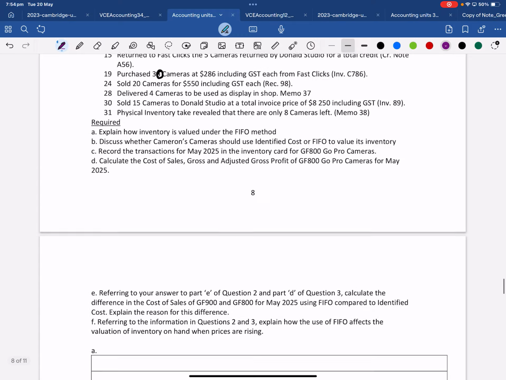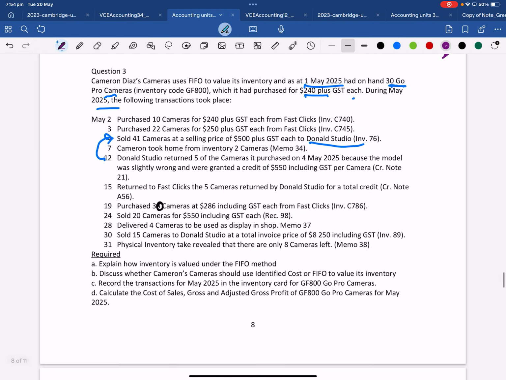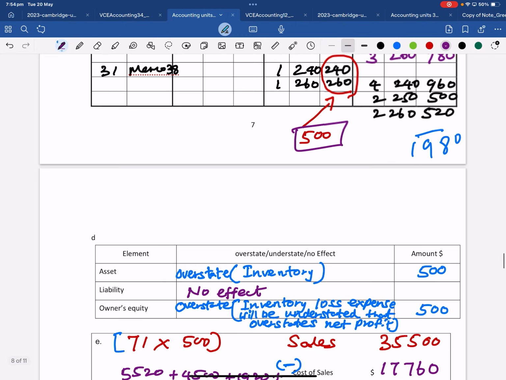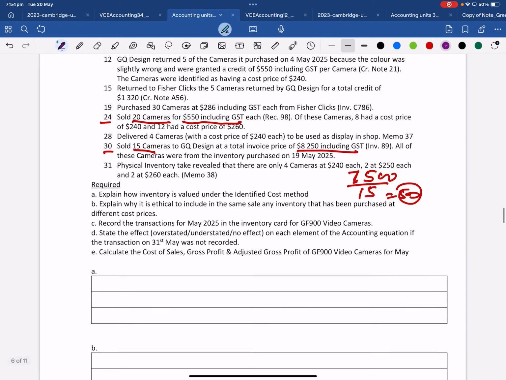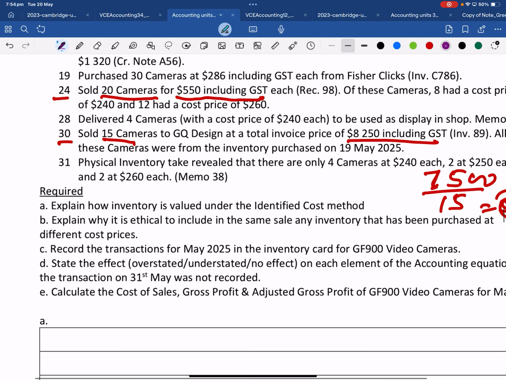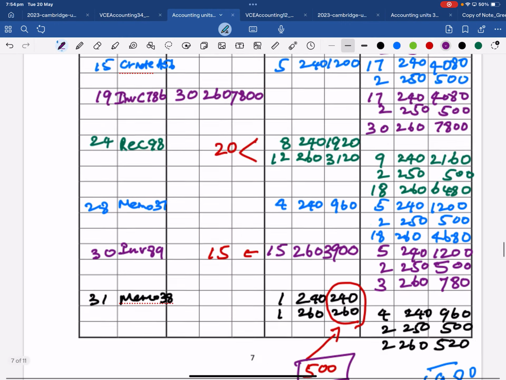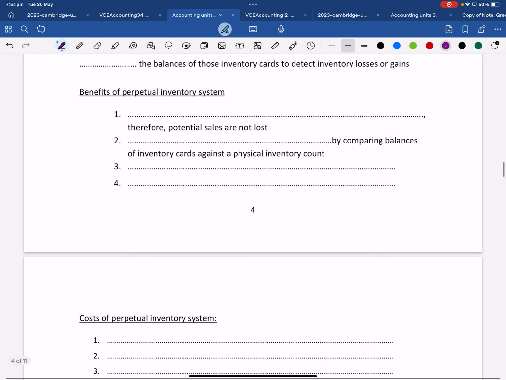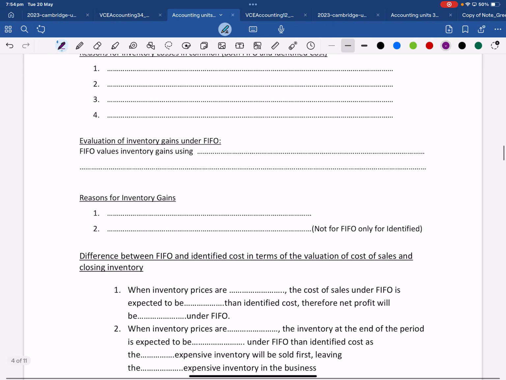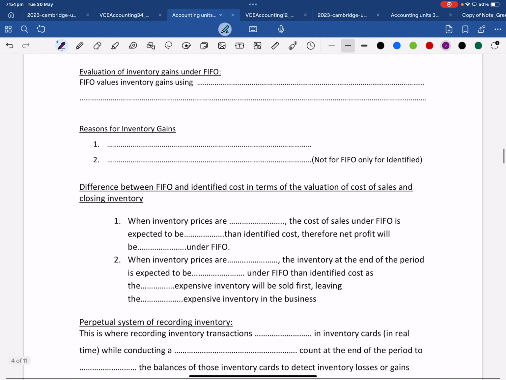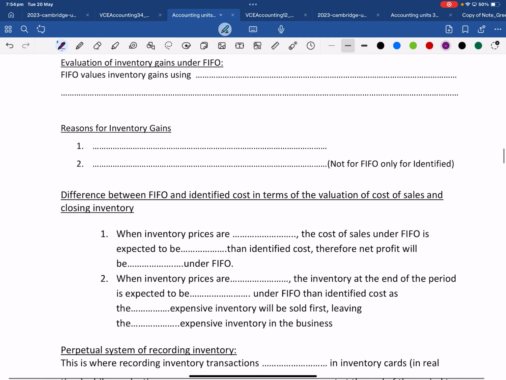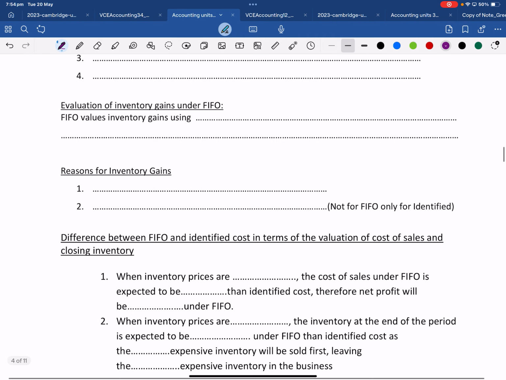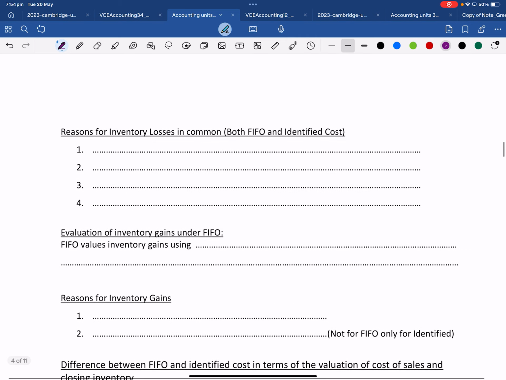Okay, now we have to do the difference between these ones, which is actually in the note. Shall we do it now or later? Yeah, we'll do this one.